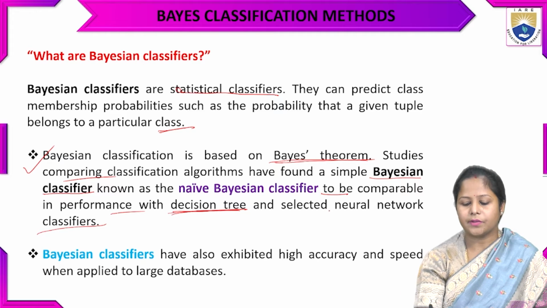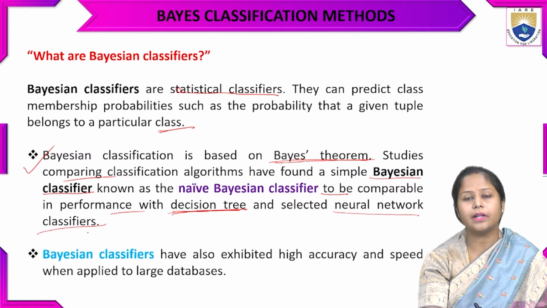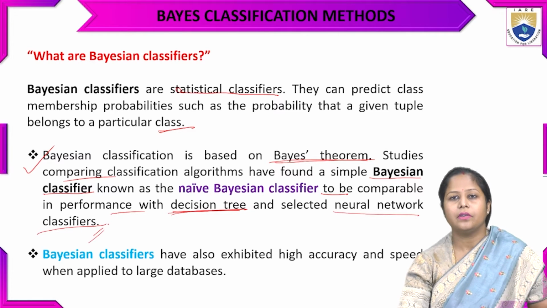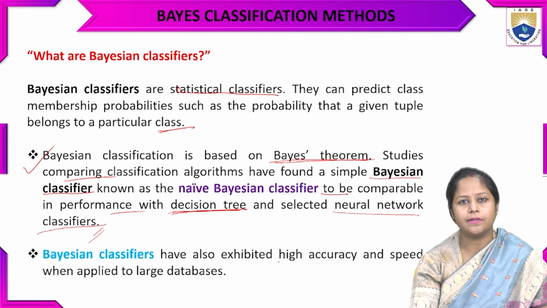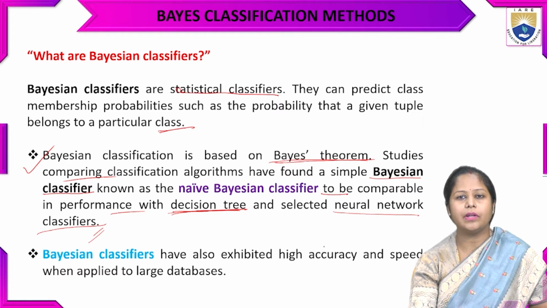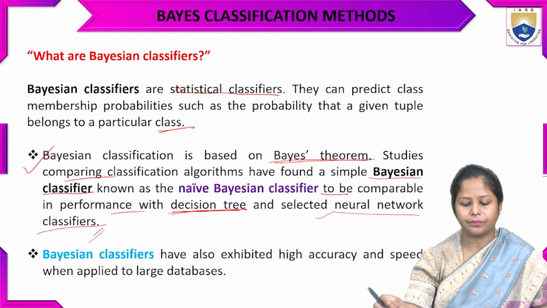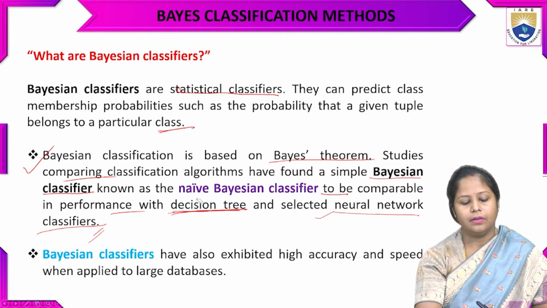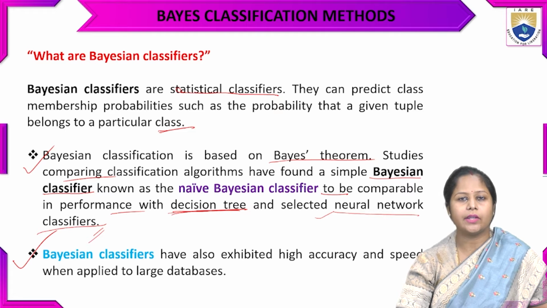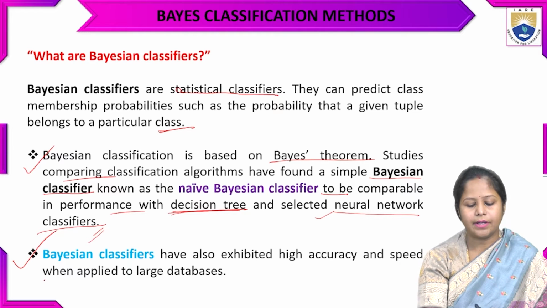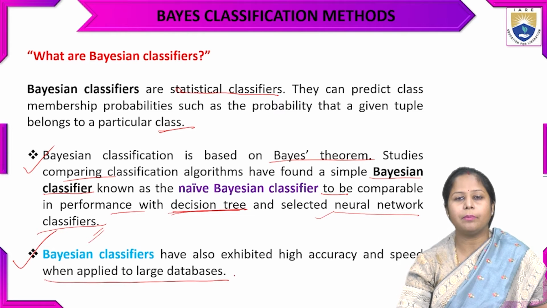In the next part we will cover the neural network classifiers. Bayesian classifiers have also exhibited high accuracy and speed when applied to larger databases.